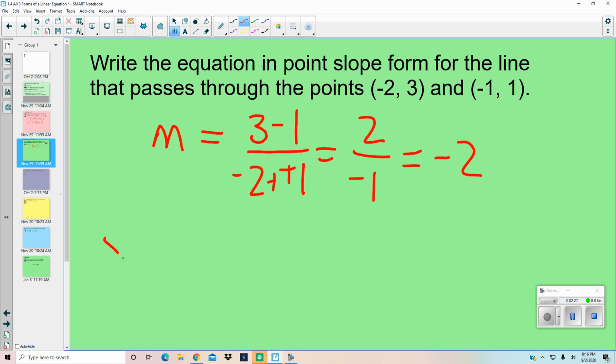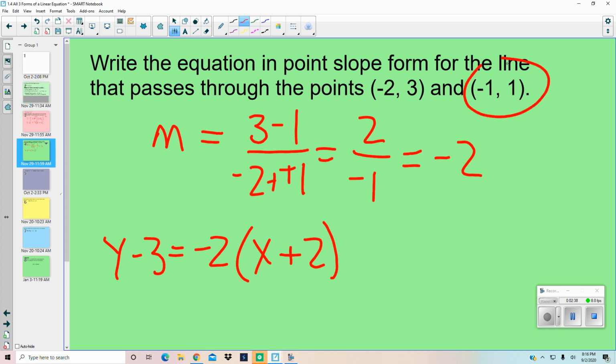In other words, y minus 3 equals negative 2 times x minus negative 2, which is plus 2. Or I can use the negative 1, 1. So it'll be y minus 1 equals negative 2 times x minus negative 1, so that's plus 1. If I solve both of those for y, I would get the same equation in slope-intercept form.